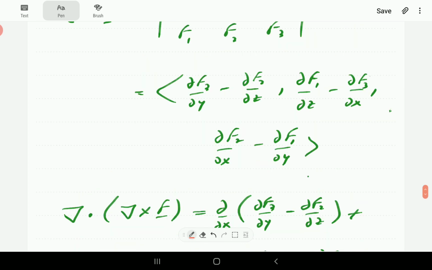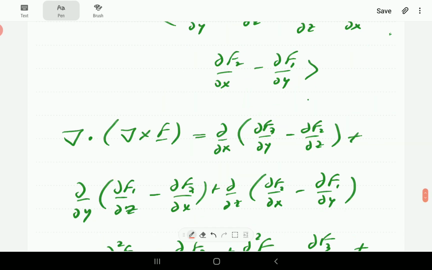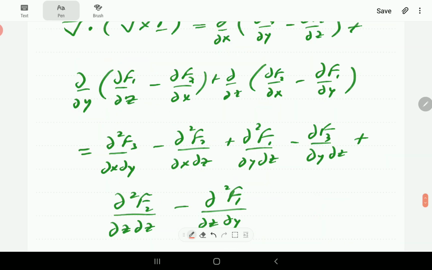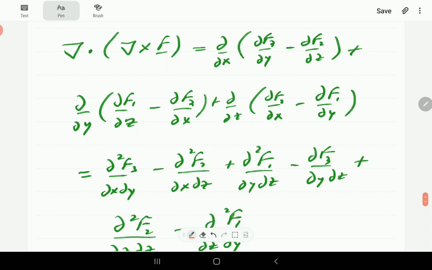So the first one is f3 xy, and then this is xz. Let's go through this carefully.